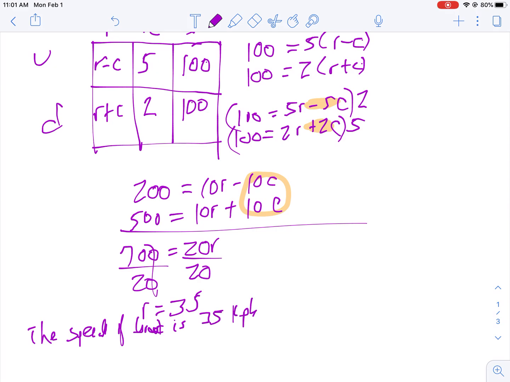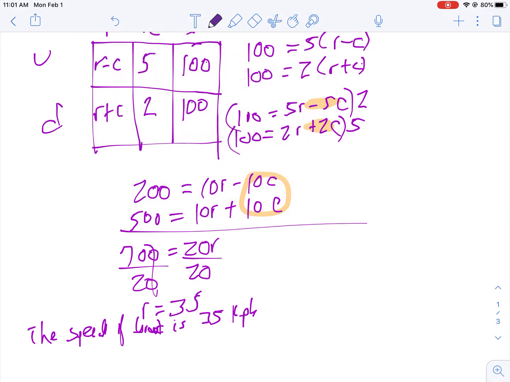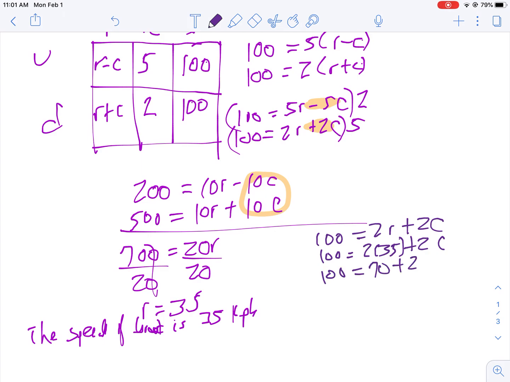Now I have to go back. I'm going to use my second equation because that looks like I'm working with smaller numbers. We have 100 equals 2r plus 2c. Well, we know r now is 35, so 100 equals 2 times 35 plus 2c. So 100 equals 70 plus 2c.